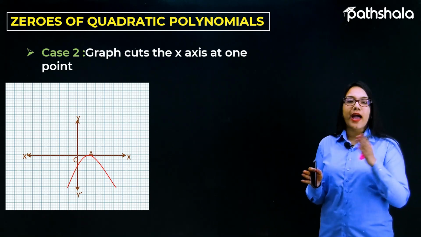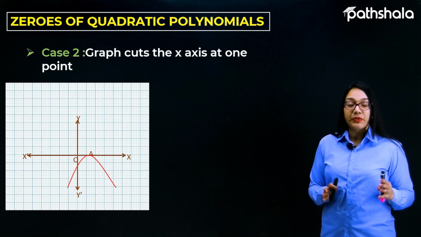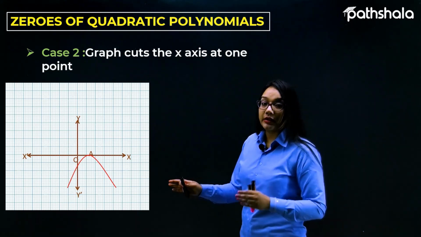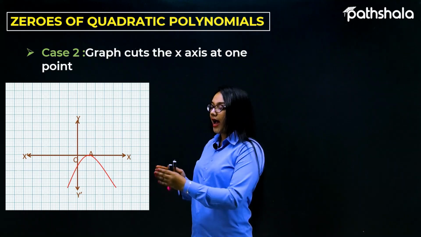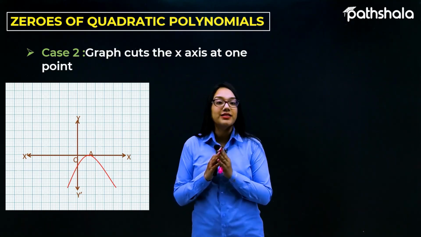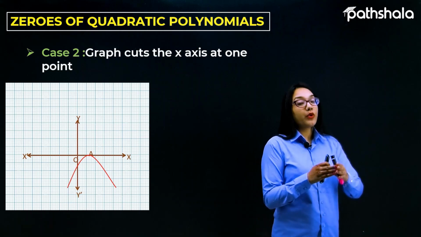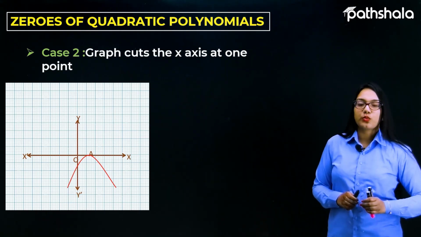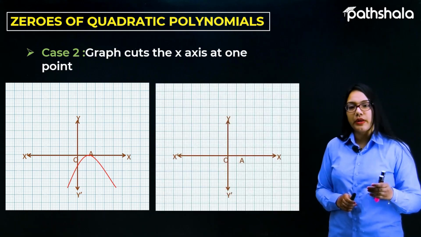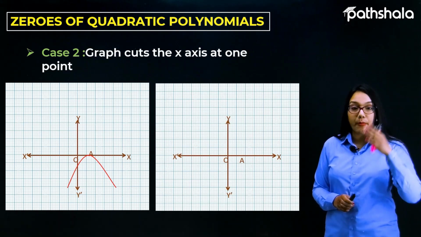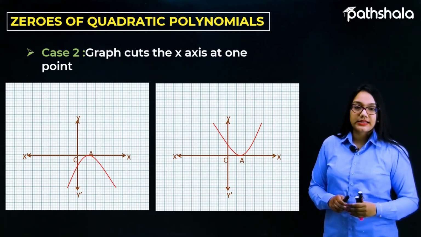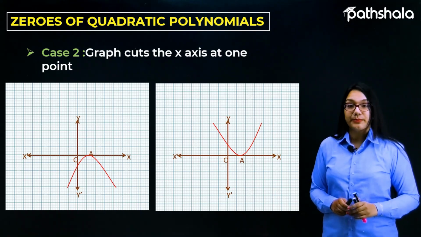So we have half and half, both zeros are the same. This is the scenario for this curve. As it intersects the x-axis at only 1 point, it has only 1 zero, or we can say it has 2 zeros which are equal to each other. Let us take another example, a graph in the upward parabola form. It is again intersecting the x-axis at only 1 point, that is A.